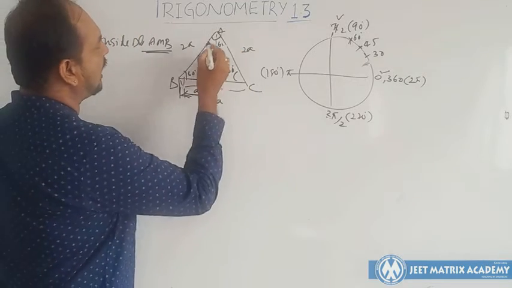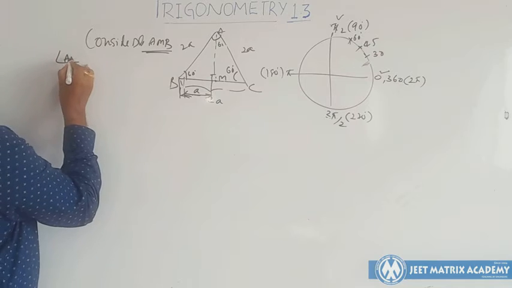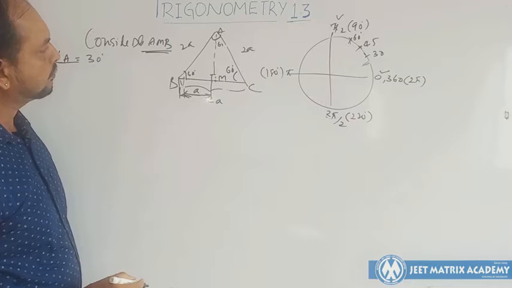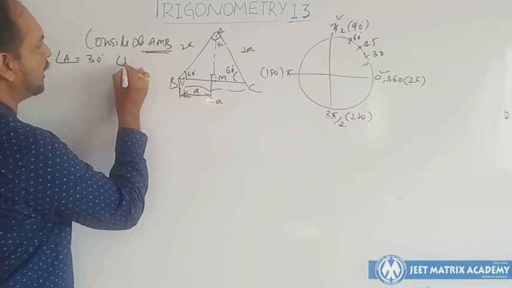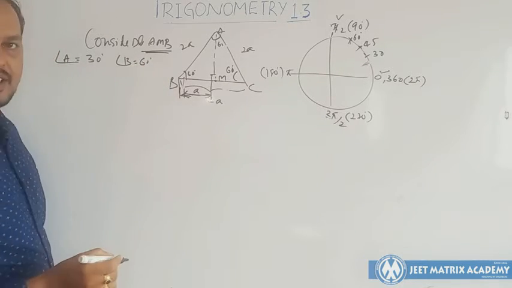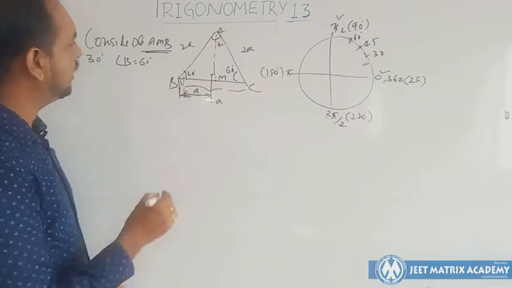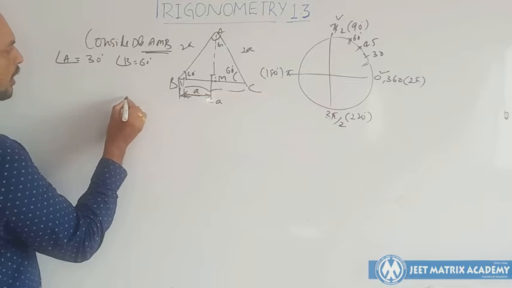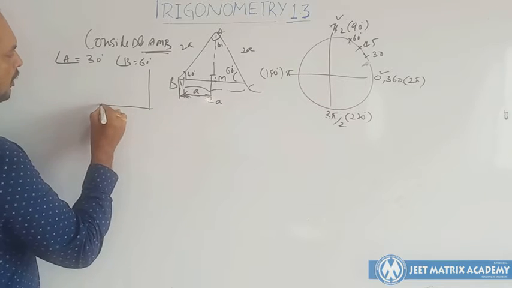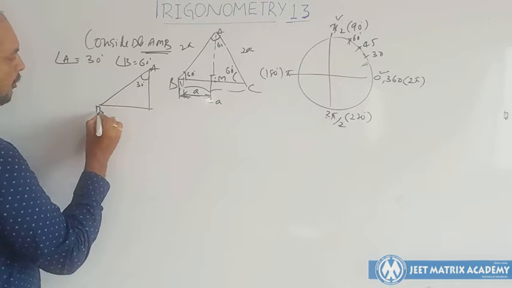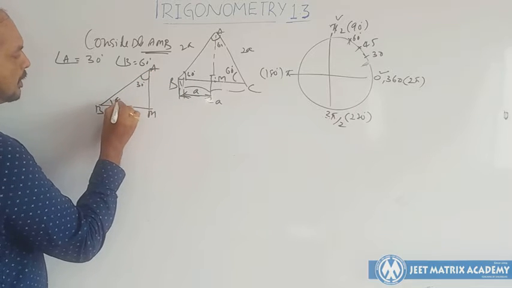Now only angle A is 30 degree, agree? And angle B is 60 degree. Now first consider angle A. I'll redraw: this is 30, this is A, B, M, this is 60.